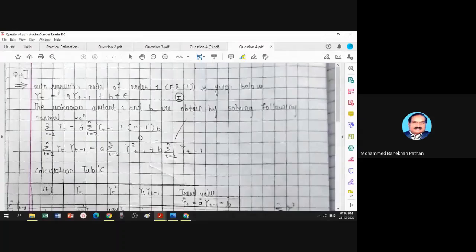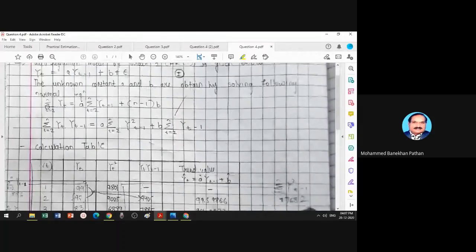These equations are to be remembered nicely, the running variables are different. Summation of y t, and the summation starts from 2 up to the end of the data. A times summation t starts from 2 to n. But what is inside the summation? It is y t minus 1.